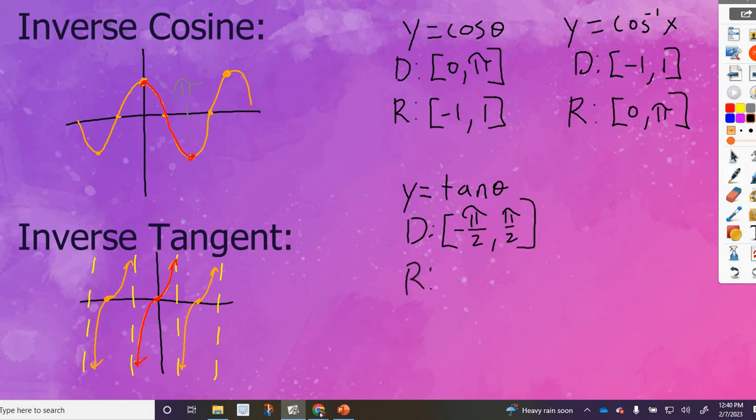What is our range for our tangent function? All real numbers, so negative infinity to positive infinity. Which also means that for our inverse tangent function, we can plug anything into that, so that's kind of nice.